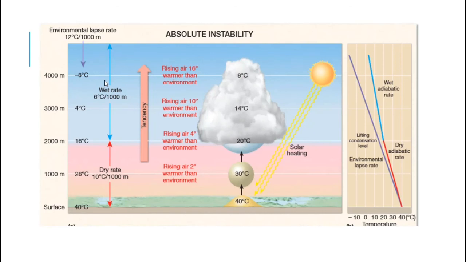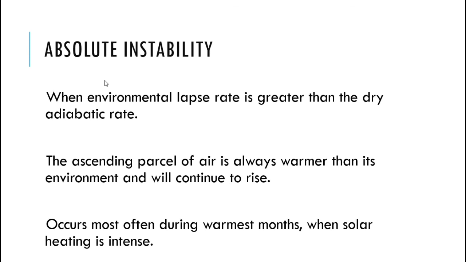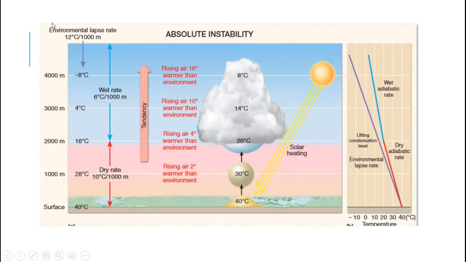Okay, this is the illustration of absolute instability. But let's take a look at its definition first. Absolute instability happens when environmental lapse rate is greater than the dry adiabatic rate. Natin. The environmental lapse rate is 12 degrees Celsius per 1,000 meters.